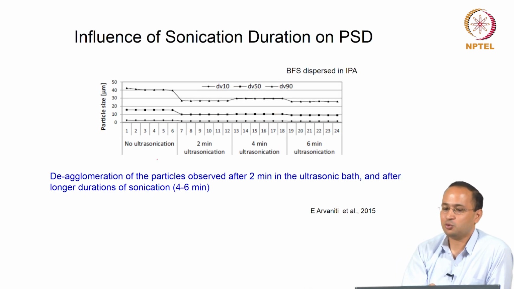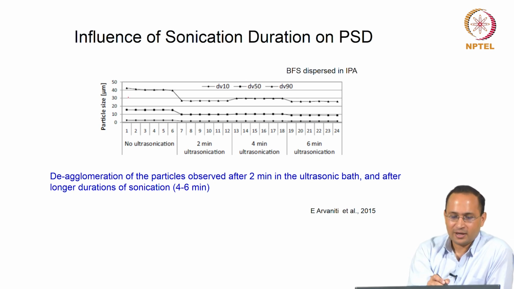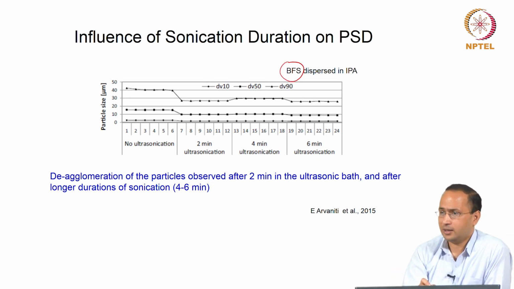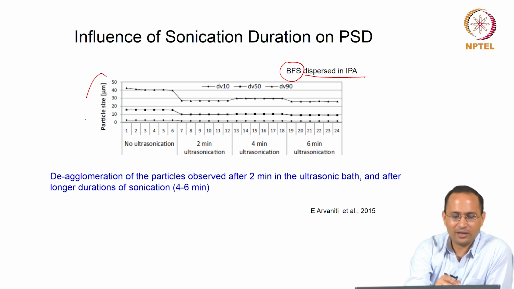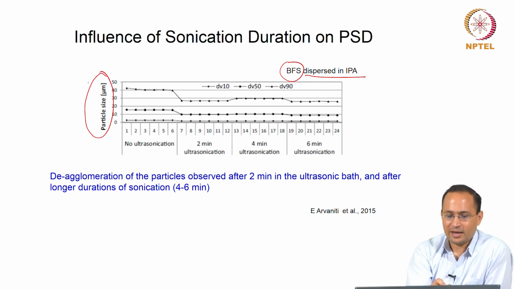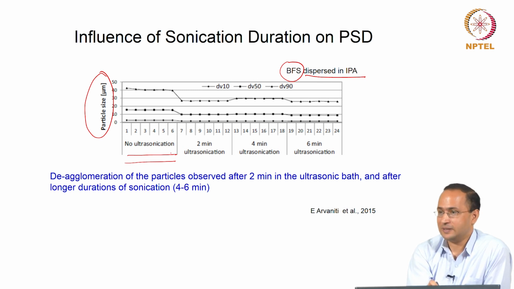Let us see here, how does the sonication affect your particle size distribution? In this case, first of all, the sample is BFS, blast furnace slag, dispersed in IPA, isopropyl alcohol. Those are the conditions, and you are determining your particle size. There are 6 different samples: no sonication was done in one case, then you did 2 minute, 4 minute, and 6 minute ultrasonication.